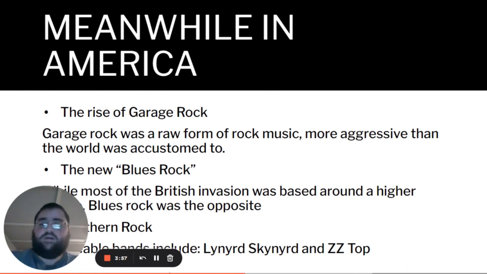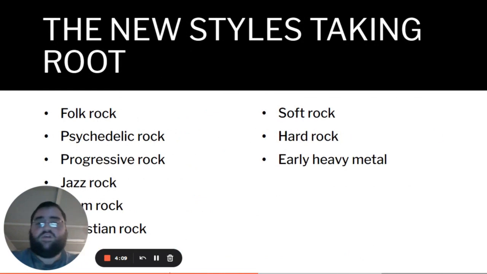And lastly, in the Southeast and the South in general, there was what's known as Southern rock, with such noticeable bands as Lynyrd Skynyrd and ZZ Top performing all throughout the 60s. There were several other new styles that took root in the 60s that were not quite as up there as the previous ones.